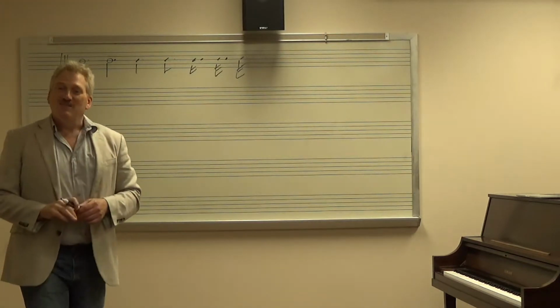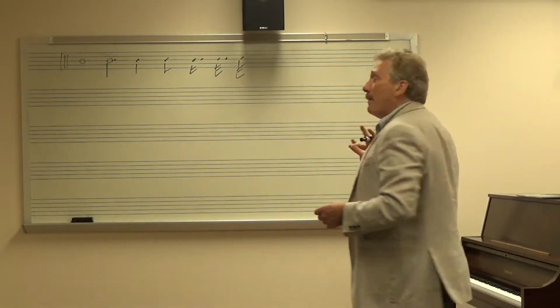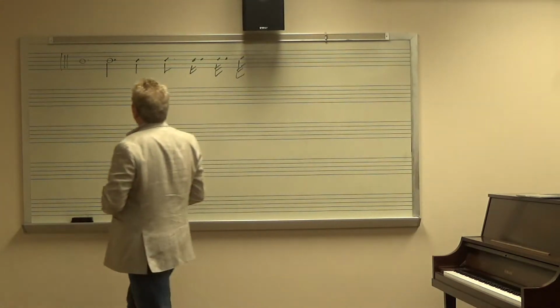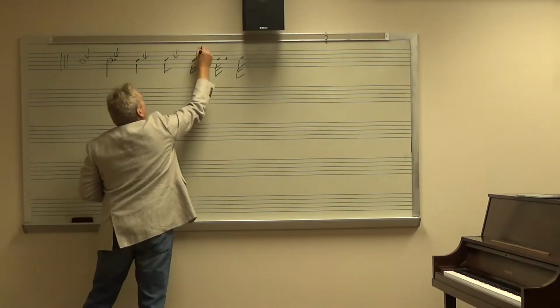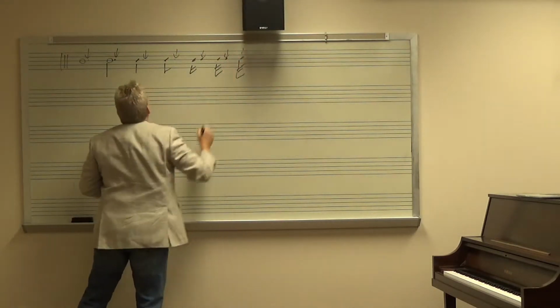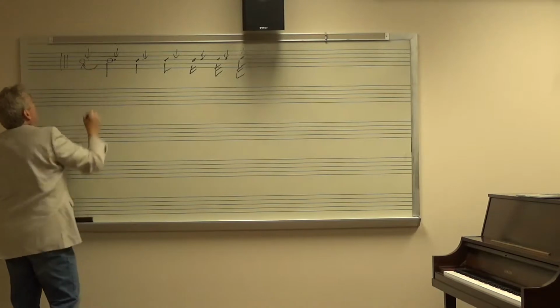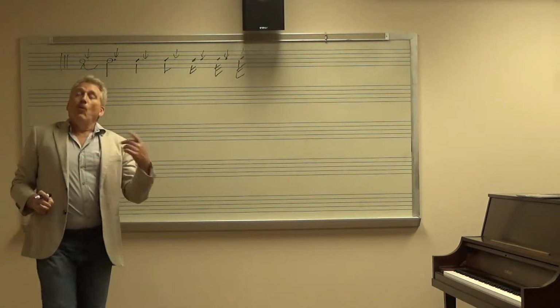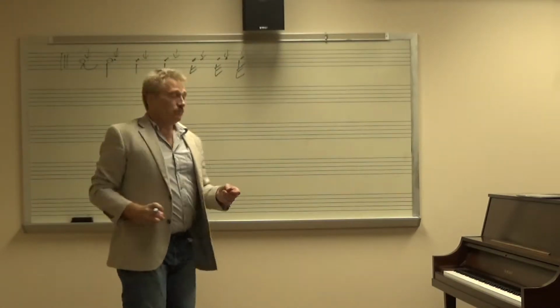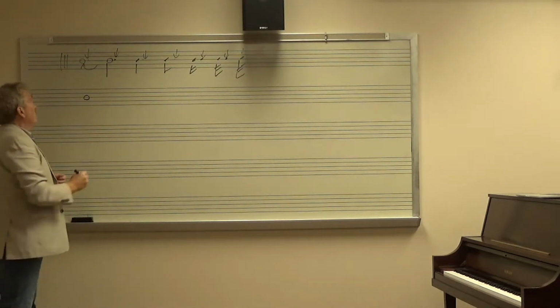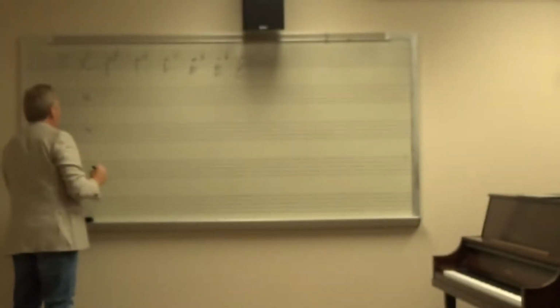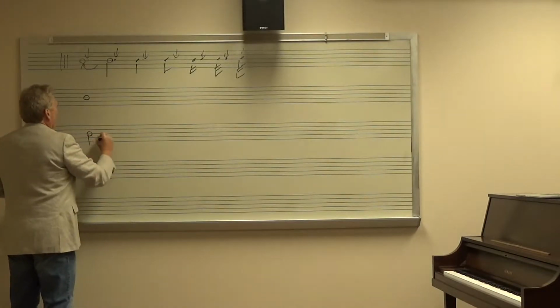These are referred to as dotted rhythms, and they imply not simple time, but compound time. Now here is the difference. All those dots mean the same thing. It means take the value that precedes it and add to that one half of that value. So, for example, we know that a whole note divides into two half notes.